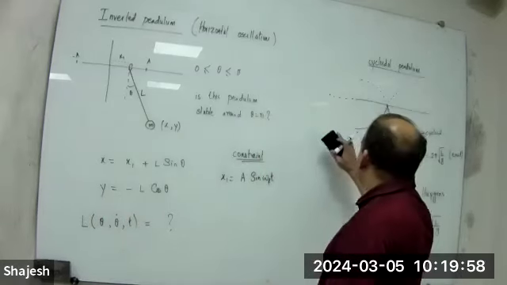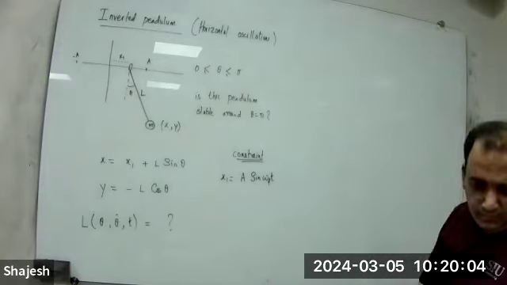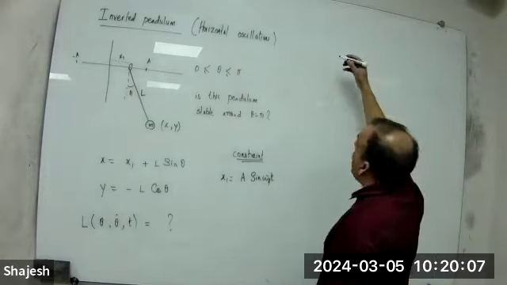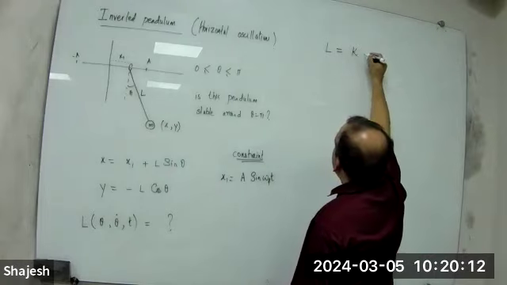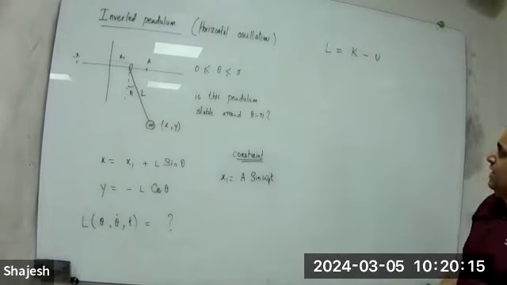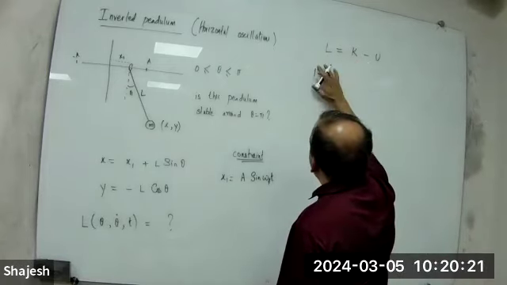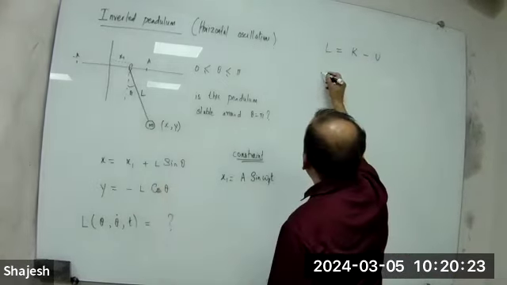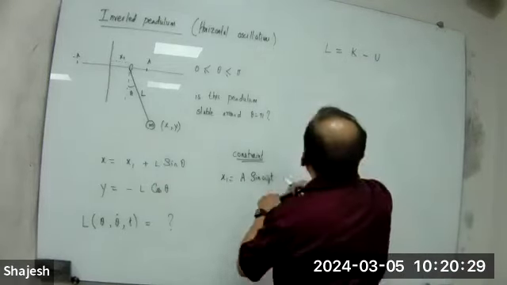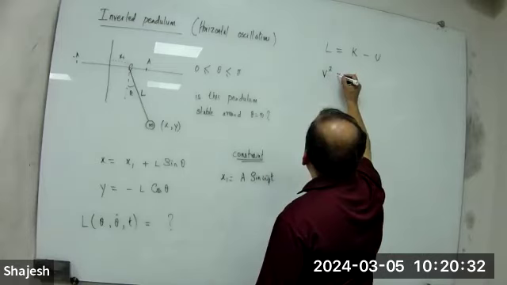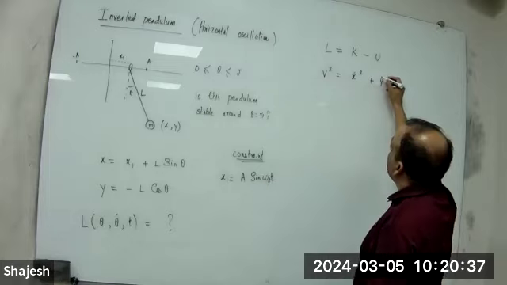Right. So I have to write the Lagrangian is equal to kinetic energy minus the potential energy. And kinetic energy is having velocity, so let me calculate the velocity. So velocity square is x dot square, that is dx by dt, plus y dot square.